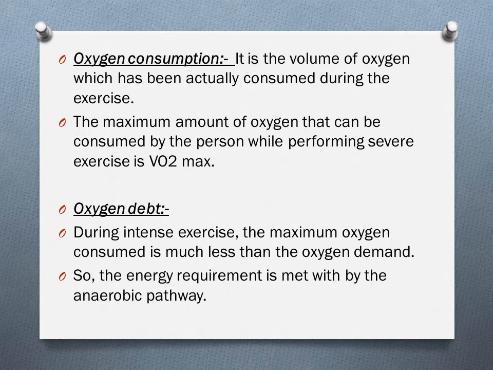Now coming to oxygen debt. What is oxygen debt? During intense exercise, the maximum oxygen consumed is much less than the oxygen demand. So the energy requirement is met by the anaerobic pathway.